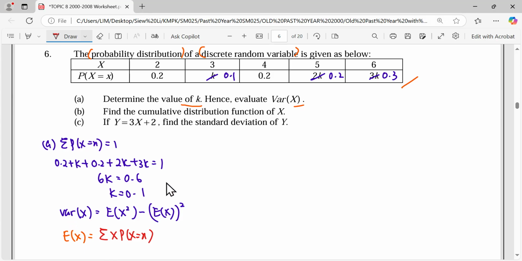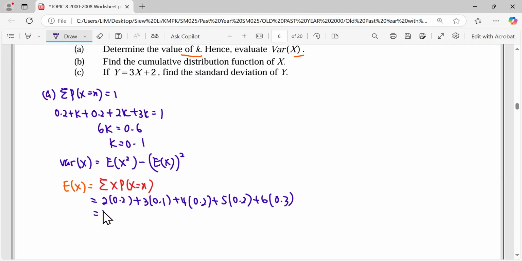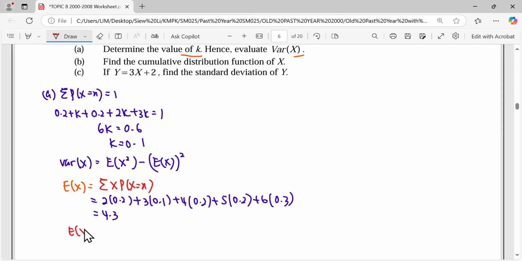So to work this out, it will be x times the probability: 2 times 0.2, plus 3 times 0.1, and then 4 times 0.2, and then 5 times 0.2, and then 6 times 0.3. Then we total this up and we get 4.3.